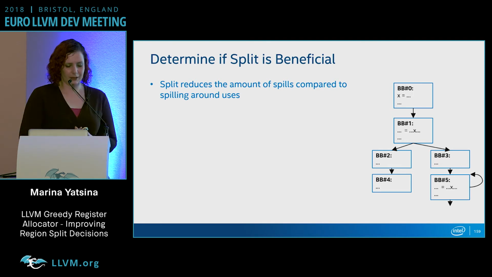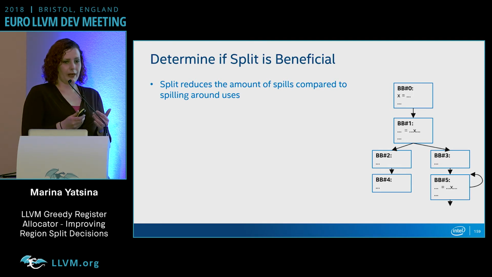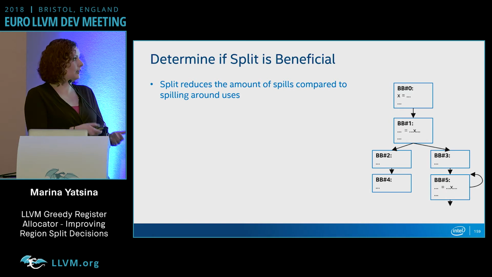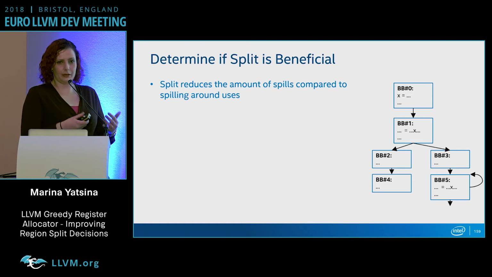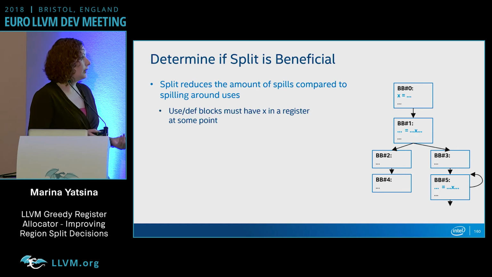A split is beneficial if, compared to a regular spill around uses, which will cause spill code after the defs and reload before the uses, we can split X in such a way that it reduces the number of spills. So what do I mean by that? If we look at the points where X is defined and used, at this point X has to be in a register, also at this point and at this point.